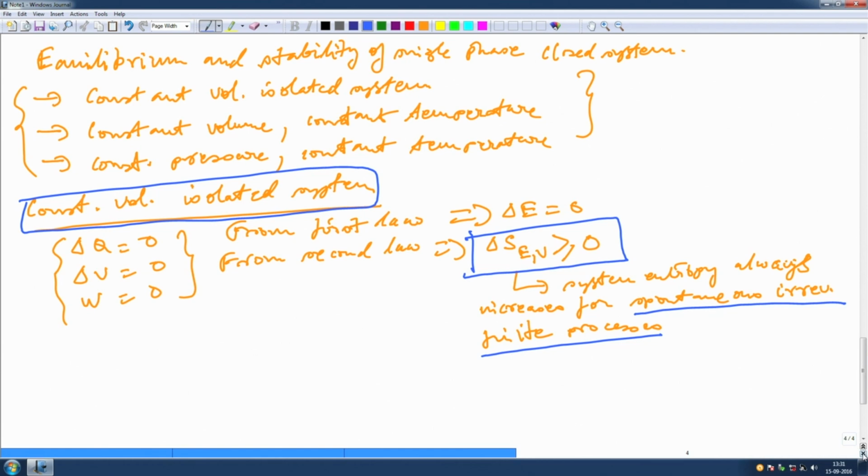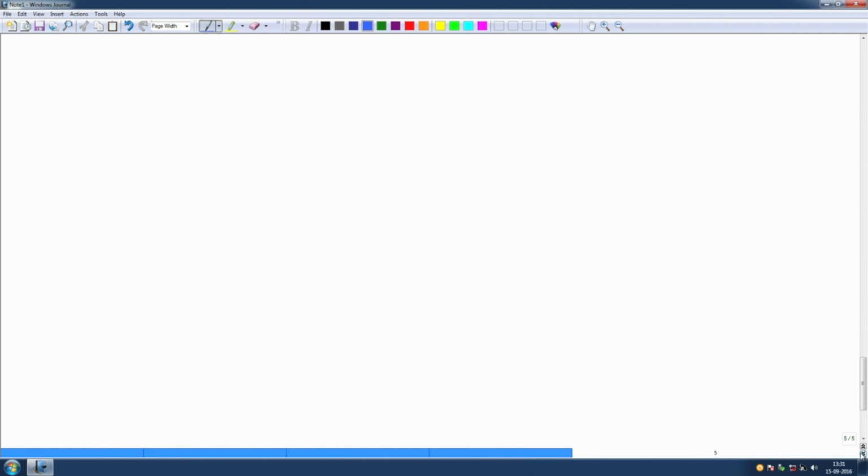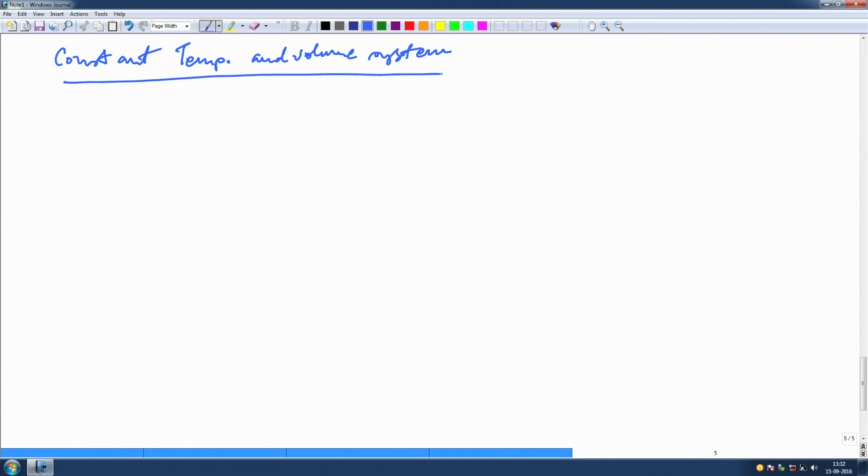Okay. So, let us look at the stability criteria for a constant temperature and volume system. In that particular kind of a system, delta T is equal to 0, because it is a constant temperature.